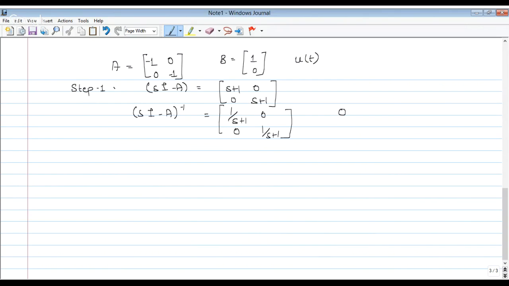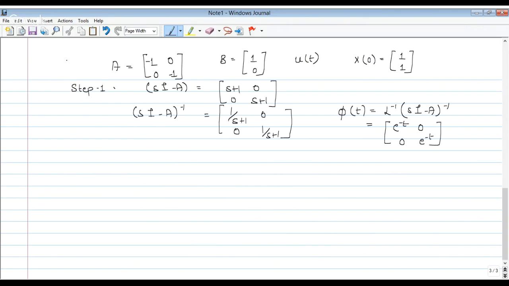Now from here, I can calculate phi of t, the Laplace inverse of (sI minus A) inverse. I have written (sI minus A) inverse directly because for a diagonal matrix we can find the inverse by taking the reciprocal of the diagonal elements. So phi of t is e to the power minus t, 0, 0, e to the power minus t. I will assume x(0) as, let us say, 1, 1.